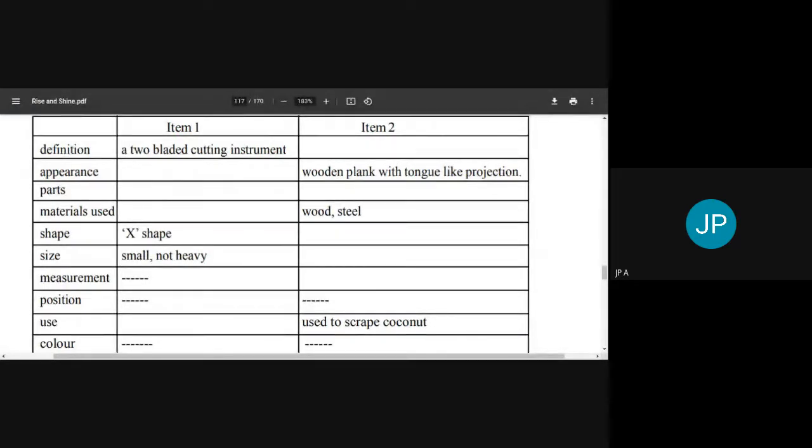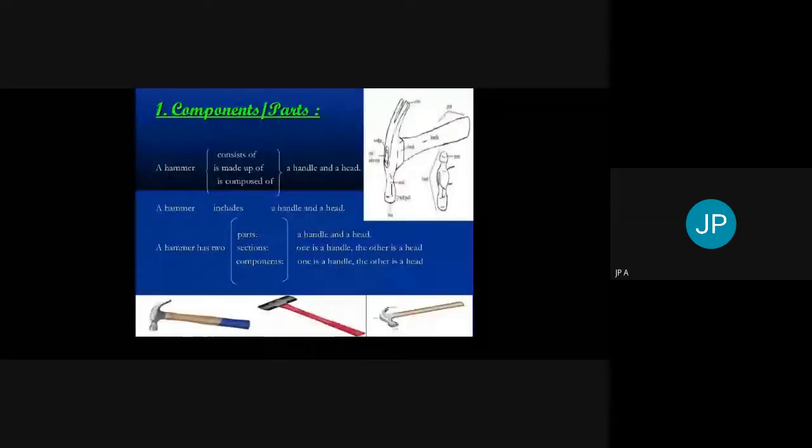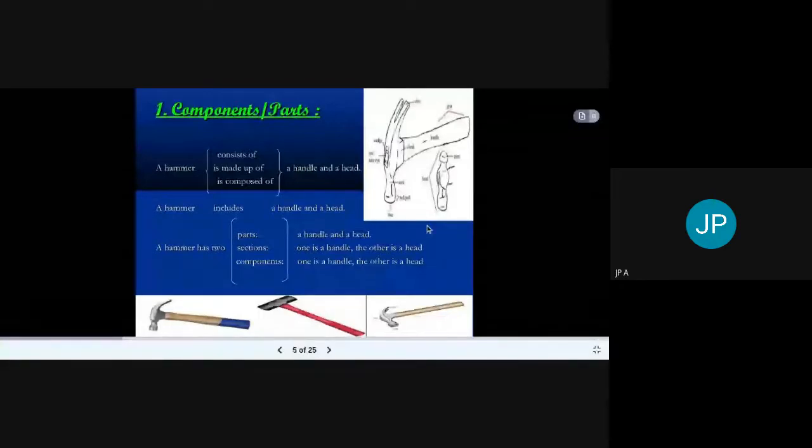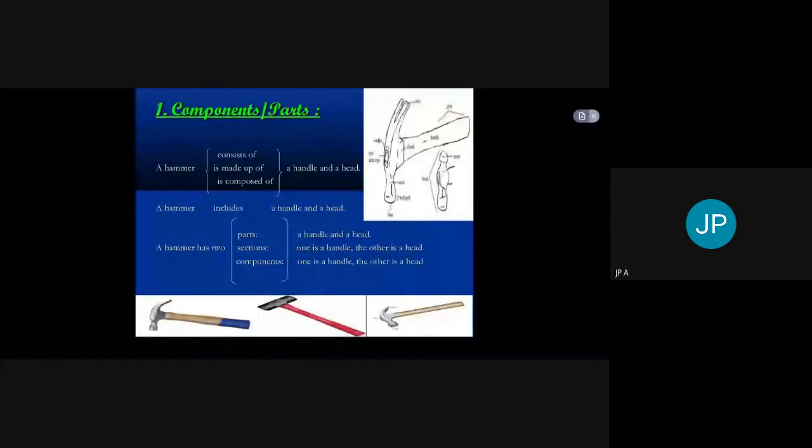For example, if it is a hammer, it will have different parts. Let us see this image. We can say that a hammer consists of a handle and a head, or a hammer is made up of a handle and a head. These are all structures of language which we have to learn. A hammer is composed of, or a hammer includes a handle and a head.